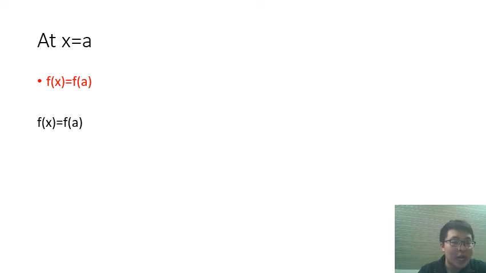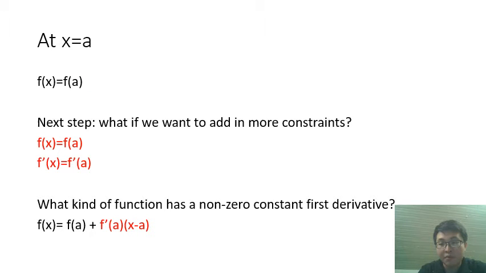What if we try to add a bit more constraints on how our approximation should be behaving? Having only the function value at x equals a be the same between our approximation and the actual function is not enough. I'm not satisfied. So for example, we want to add another constraint on the first derivative, or the slope, of our approximation.